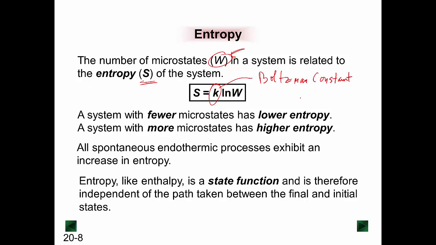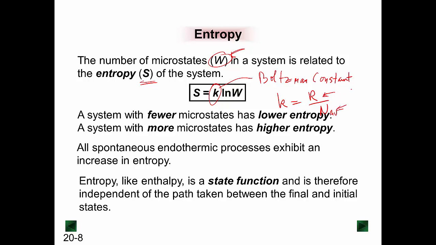K is equal to the universal gas constant, R, divided by Avogadro's number, which we denote as N_AV.